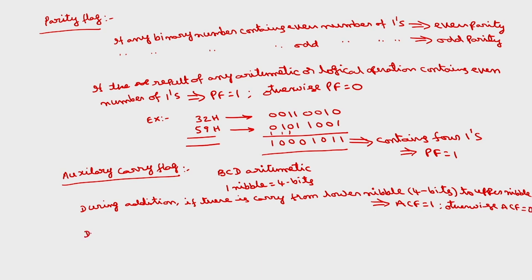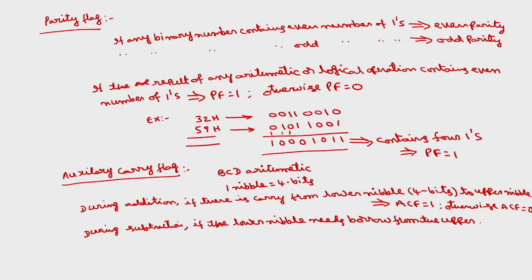Similarly, during subtraction, if the lower nibble needs a borrow from the upper nibble, in this case also the auxiliary carry flag will be set, otherwise reset.